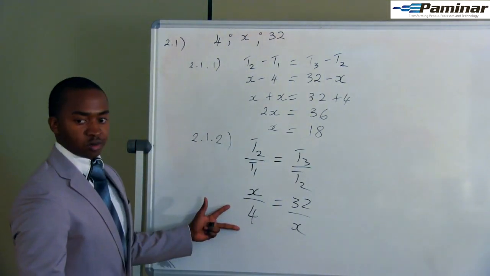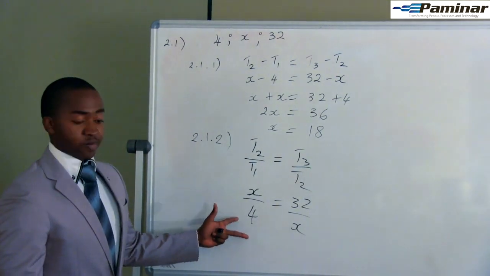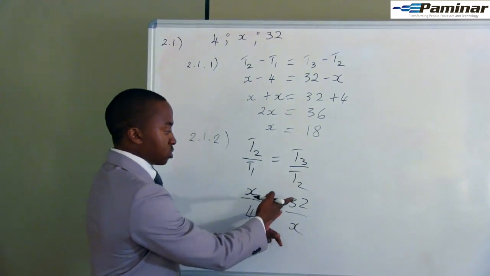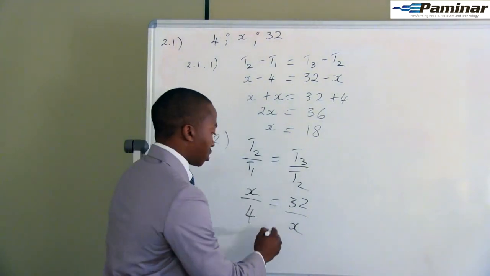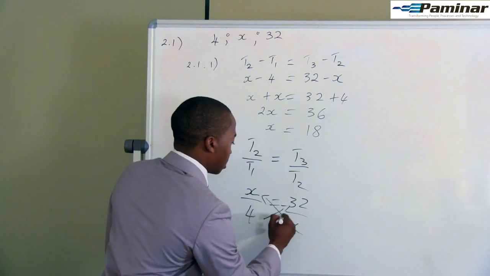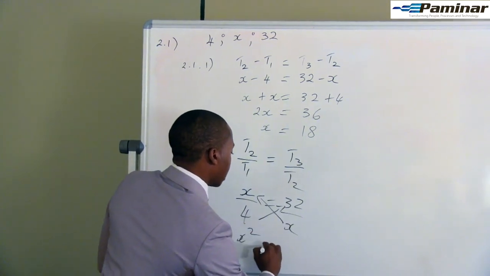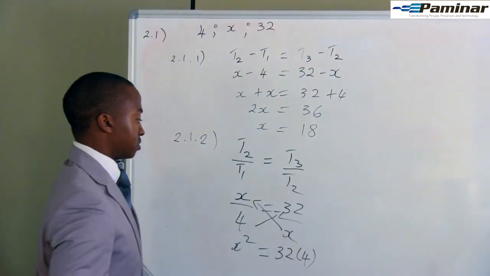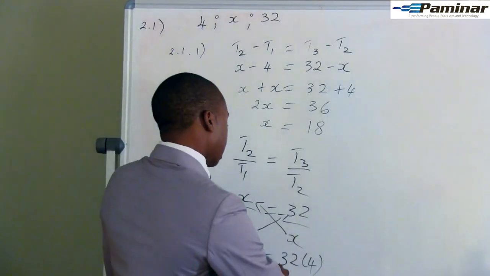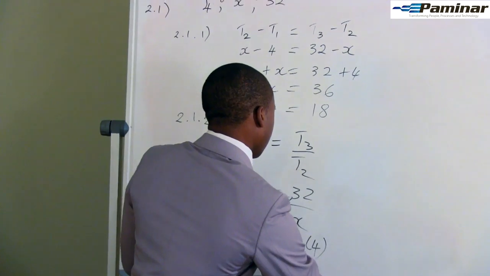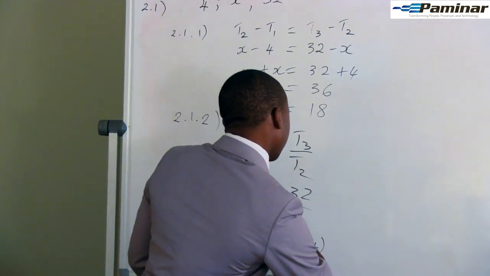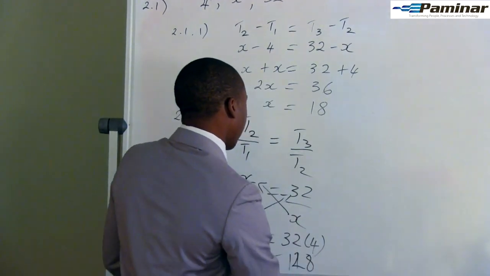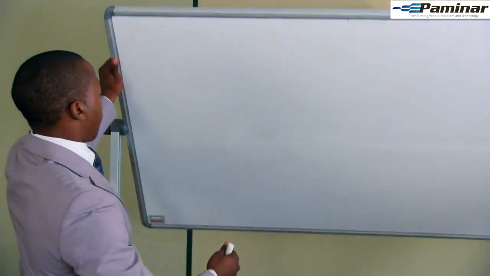Once again, we're at this point. Now we have an equation. We solve this the normal way we would solve an equation. Let's rather do cross multiplication to bring everything on top. So that goes there, that goes there. So this will become x squared is equal to 32 times 4. Okay. And this in turn should give us 128. Okay. So we got x squared is equal to 128.